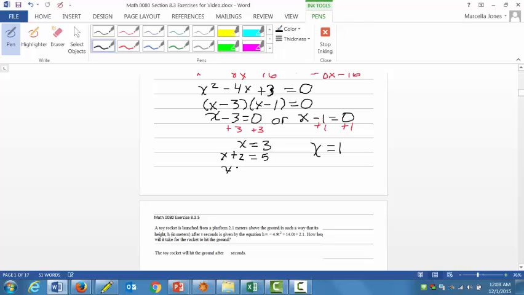And then the integer after that is x plus 4, that's 7. If the first integer is 1, then x plus 2 is 3, and x plus 4 is 5. So the integers are either 3, 5, 7 or 1, 3, 5.